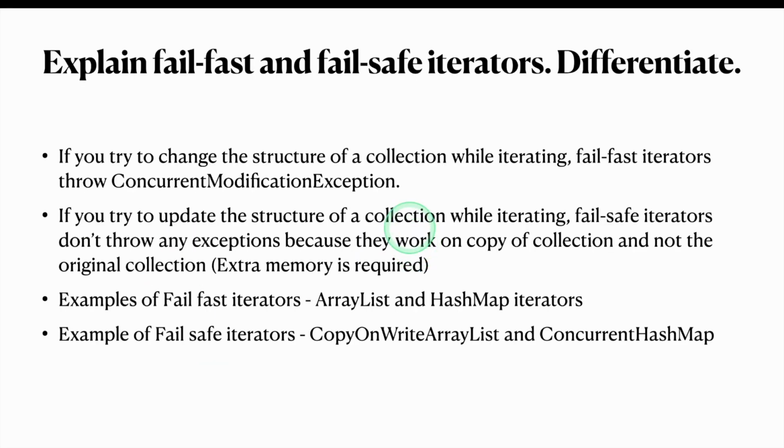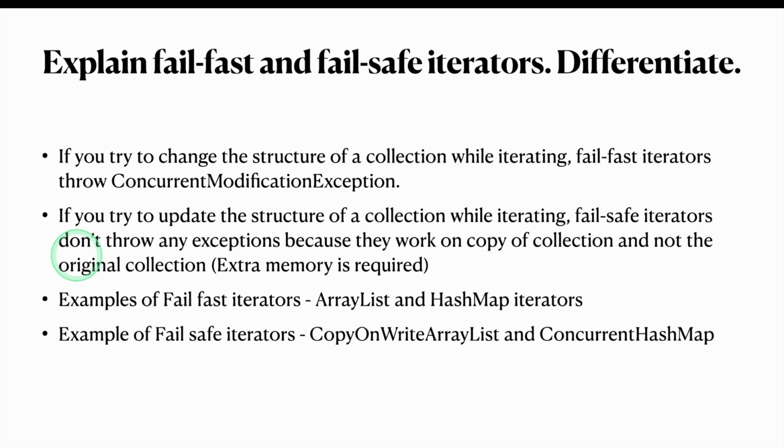Differentiate. If you try to change the structure of a collection while iterating, fail fast iterators throw concurrent modification exception. That means while iterating you are trying to add or remove elements from the collection, it will throw concurrent modification exception. If you try to update the structure of collection while iterating, fail-safe iterators don't throw any exceptions because they work on a copy of a collection and not the original collection.